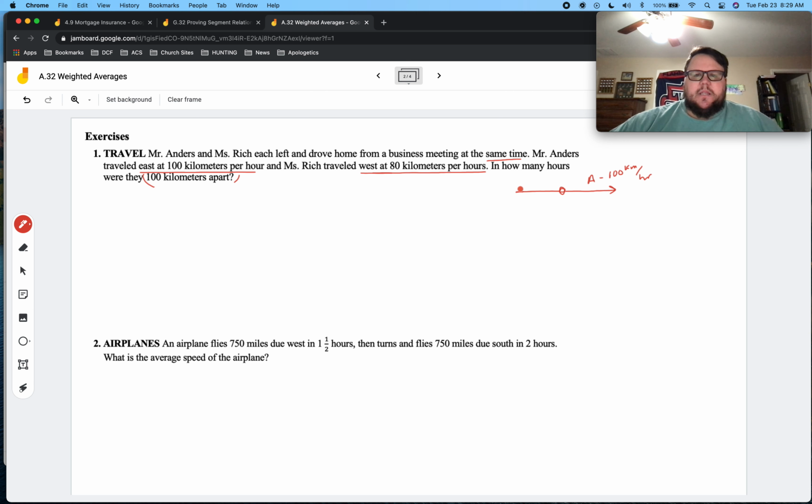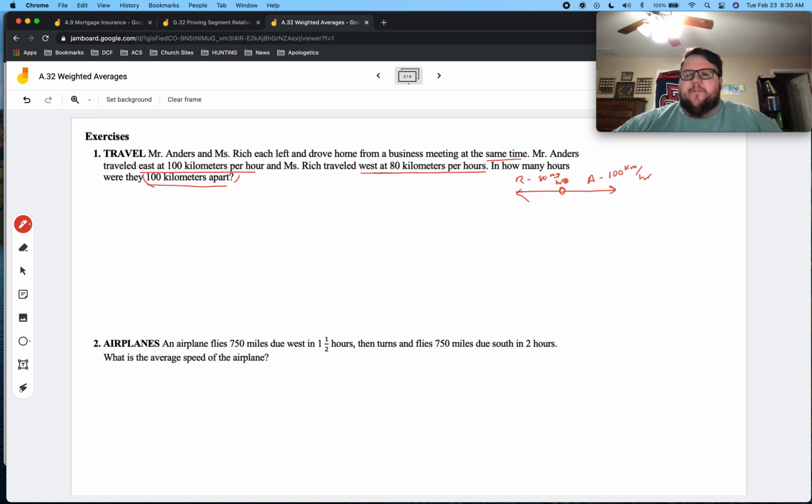And Miss Rich, we'll call her R, is going west at 80 kilometers per hour. The first thing we notice is they are going in opposite directions. That's important, because we want to know how many hours until they are 100 kilometers apart.